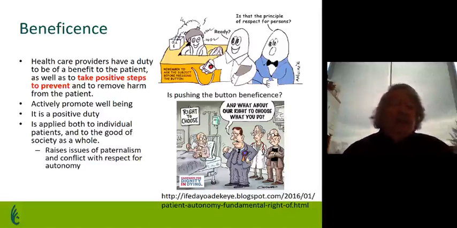That is, you have a duty to actively promote well-being. As a husband, benefits would mean that I have a duty to actively promote the well-being of my spouse or my children.